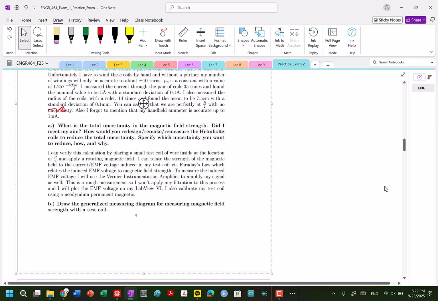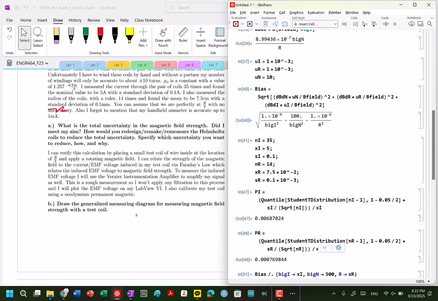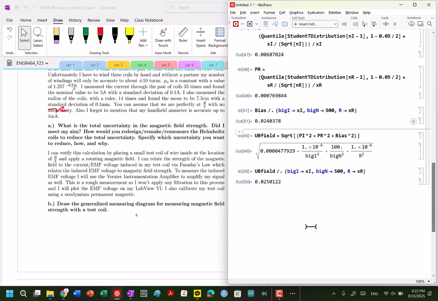Did I meet my aim? So let's see. We can actually calculate it out now. I'm going to say B field, because we wanted 10 millitesla. So my B field is this. Oops.